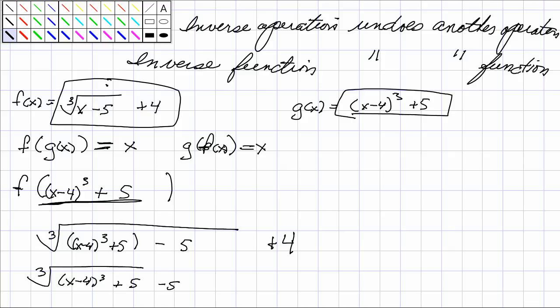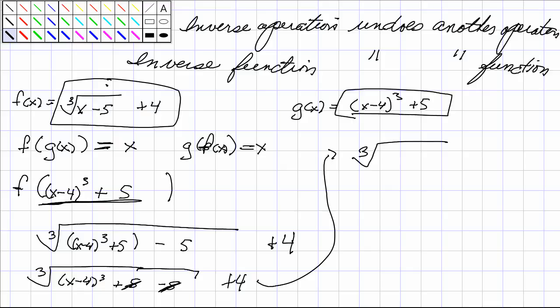So this plus 5 undoes that minus 5. We now have, well, we still have the plus 4. So we have the third root of (x minus 4) to the power of 3, plus 4.